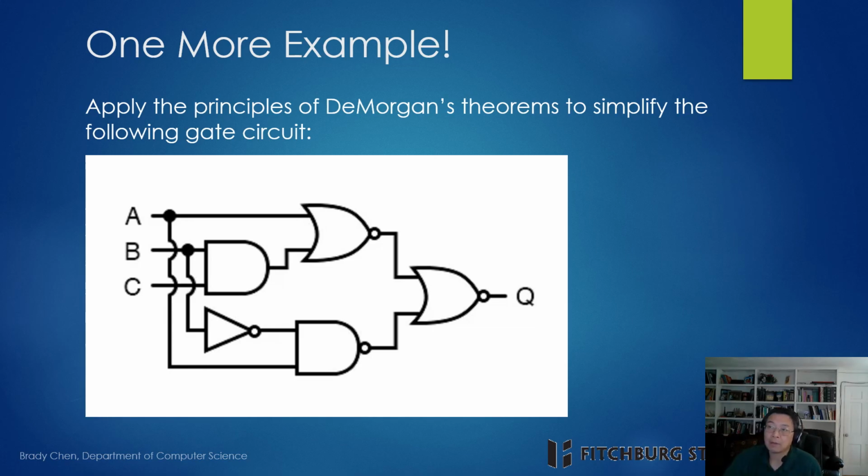Now in step 2, you can think about how to apply the principles of DeMorgan theorem. So that's basically what happens in step number 2. I'm going to post this problem again on the Blackboard discussion so we can have some discussion. So that's pretty much all for module 3. Bye.